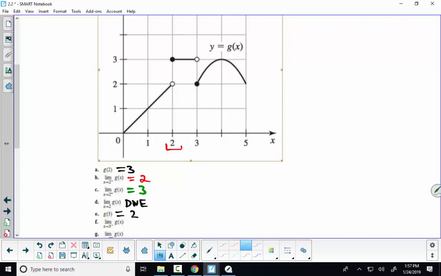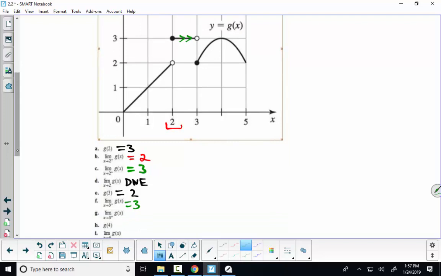Y'all think 3? Okay. Approaching 3 from the left, using that piece. The limit as x approaches 3 from the right? 2. Okay, good. We have to use this piece.